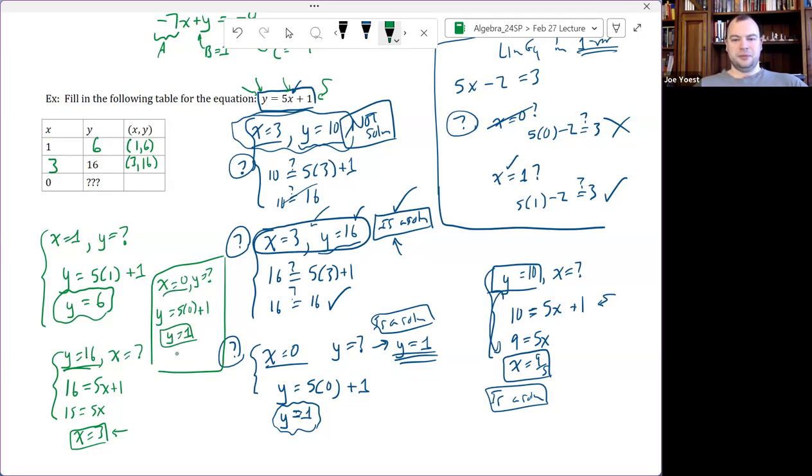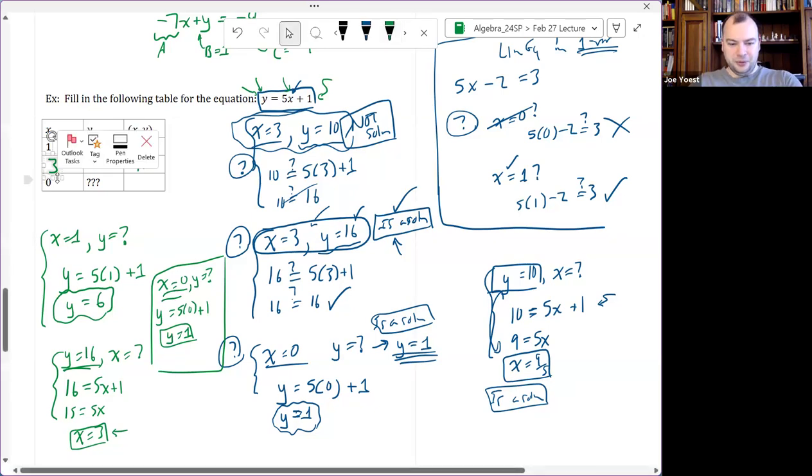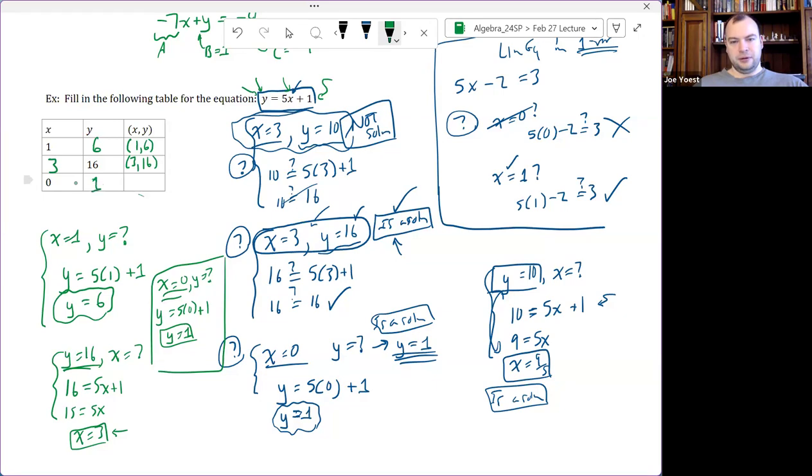Y equals 1. So if I have x equals 0, I had better also choose y to be 1. That's the only way that I'm going to get a solution to the equation. So 0 comma 1 would be another ordered pair that represents a solution.